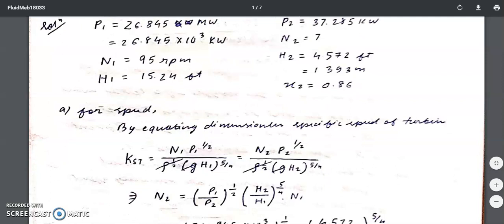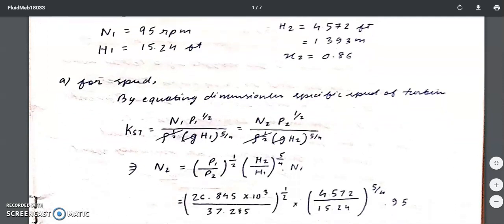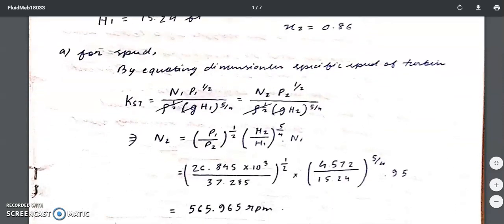For speed, we have to calculate RPM. We equate the dimensionless specific speed of turbine equation. So it goes as K equal to N1 P1 to the half by rho to the half, g, that is the gravitational acceleration, and H the head, H1 to the 5 by 4, equal to N2 P2 to the half by rho to the half, g H2 to the 5 by 4.